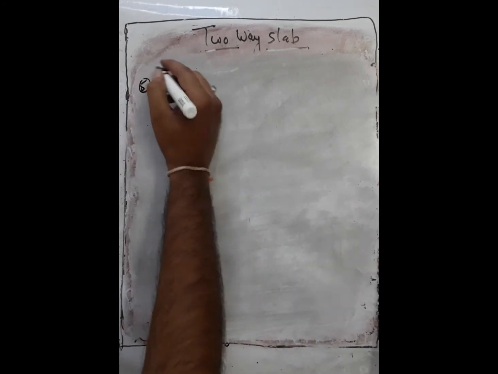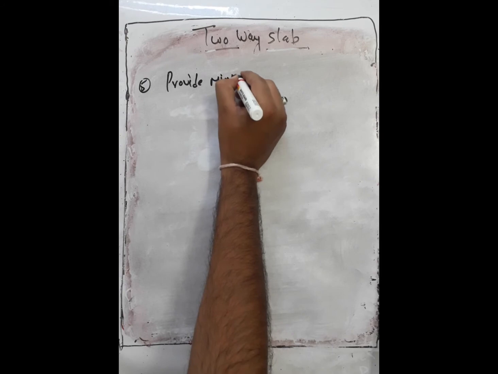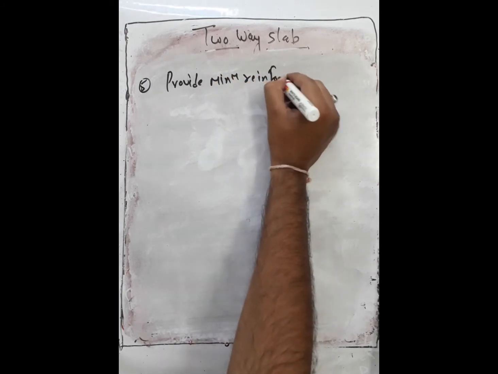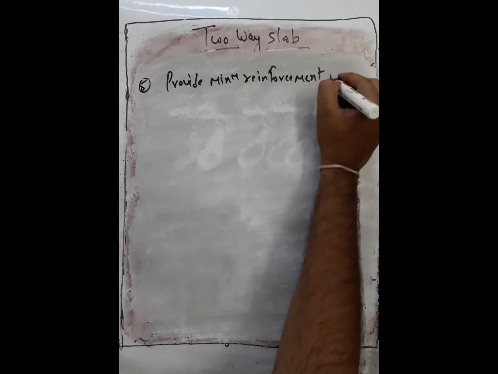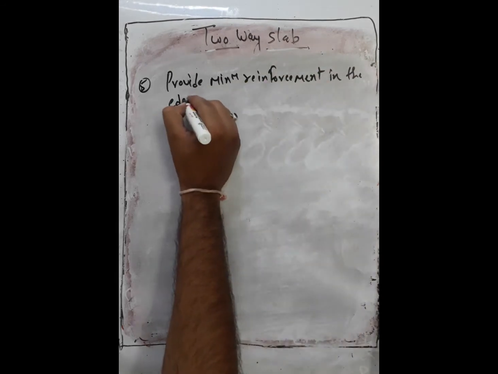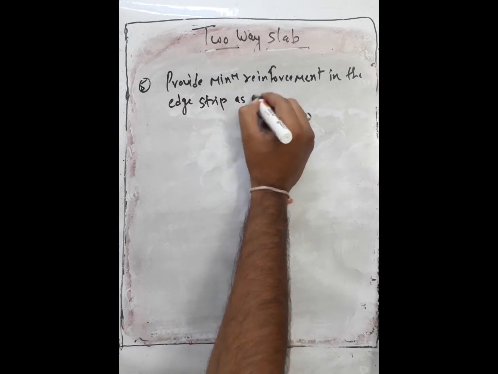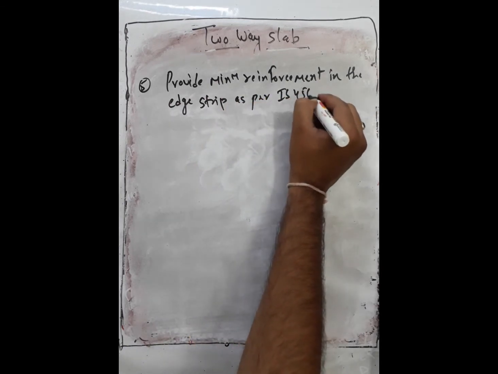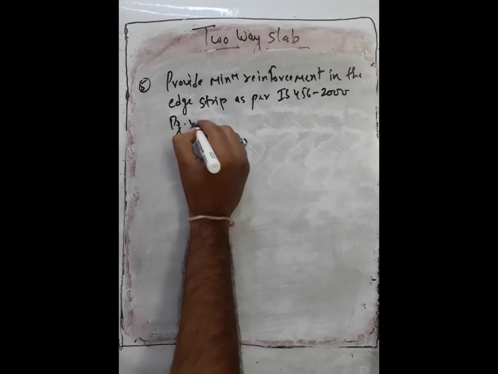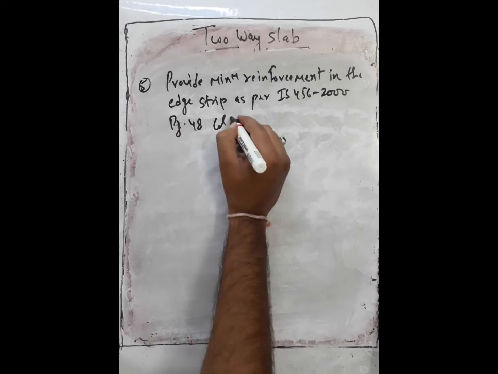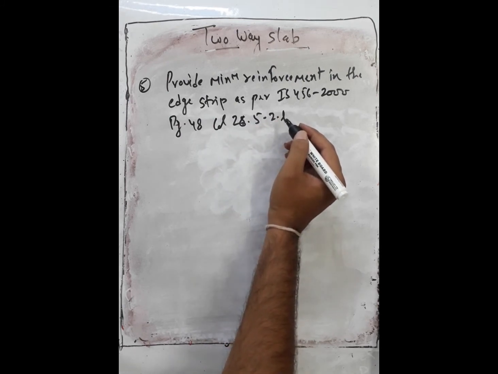Provision number 5: provide minimum reinforcement in the edge strip as per IS 456:2000, page number 48, clause number 26.5.2.1.